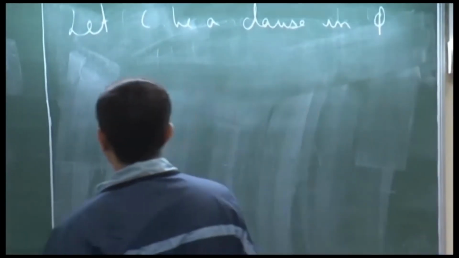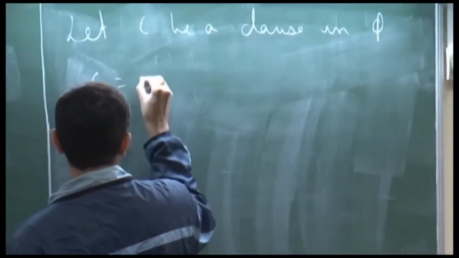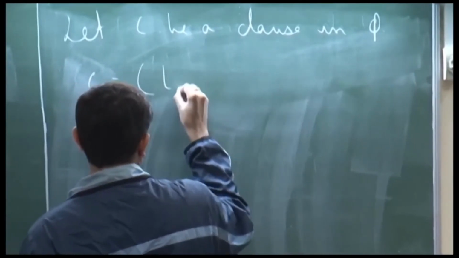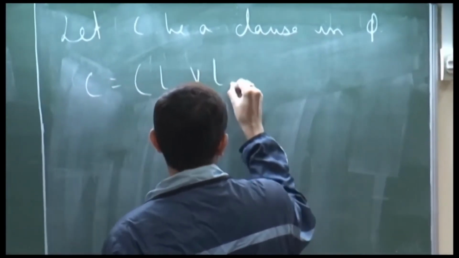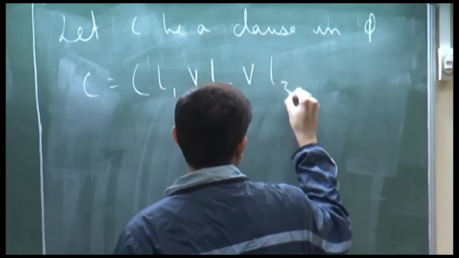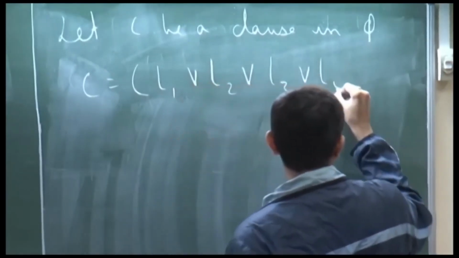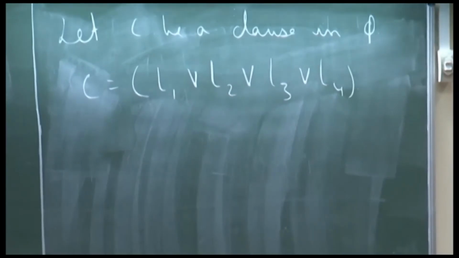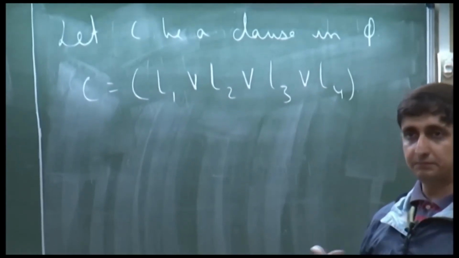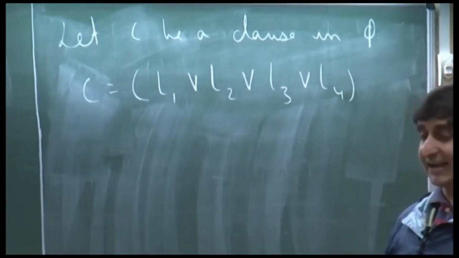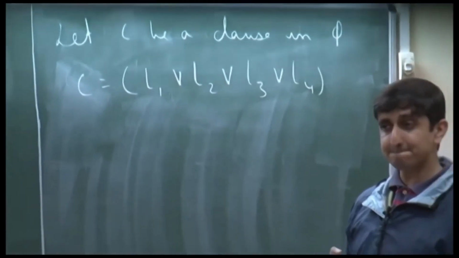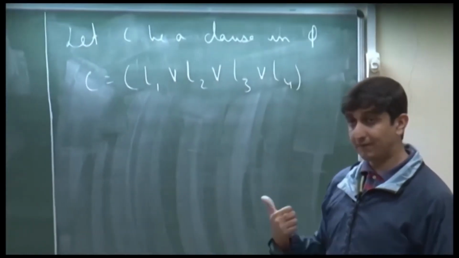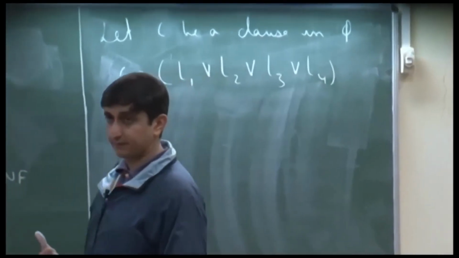By our assumption, C has the form L1 or L2 or L3 or L4. How can we reduce it to a 3 SAT instance, maybe by adding extra variables if necessary?